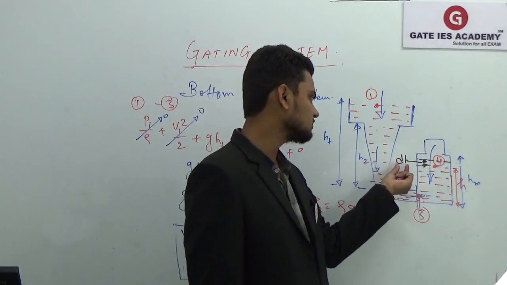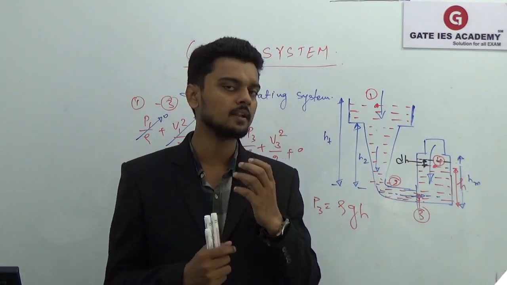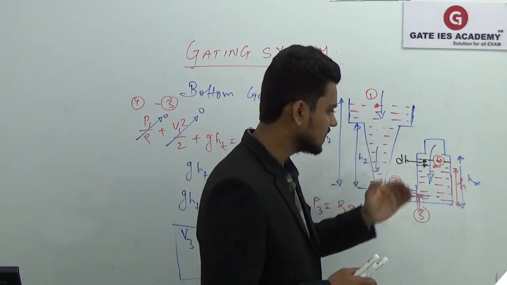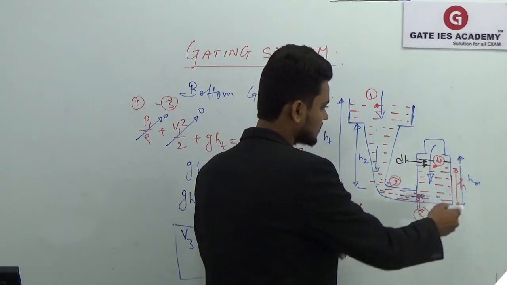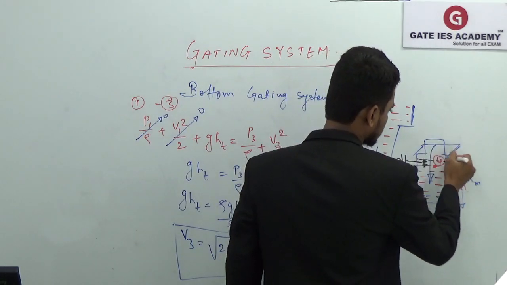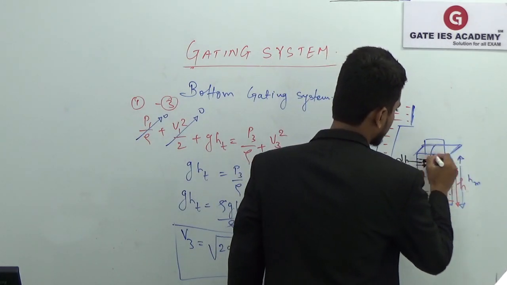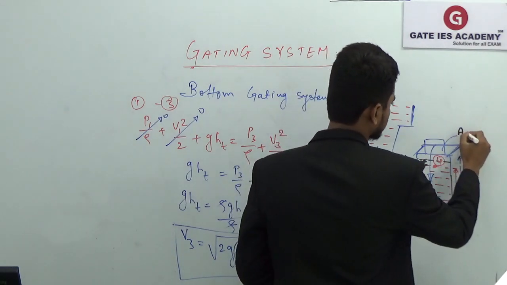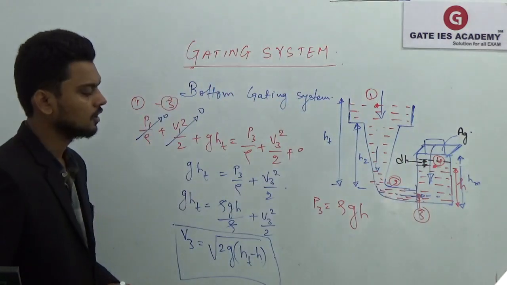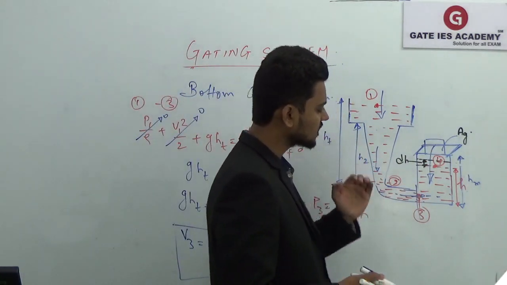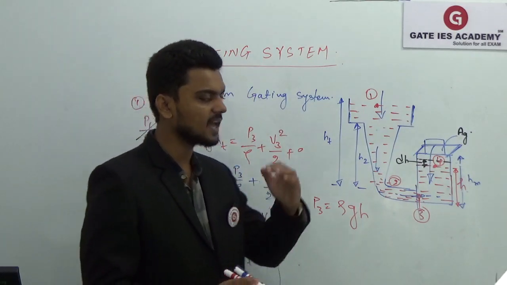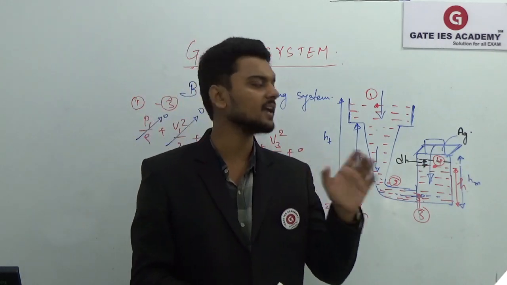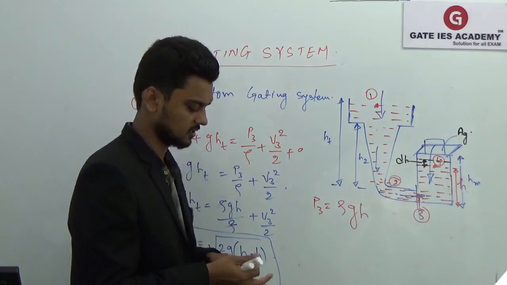So the height has increased by dh, and the volume of the molten metal in the mold cavity has increased by the cross-sectional area of your mold, say Ag, times dh.